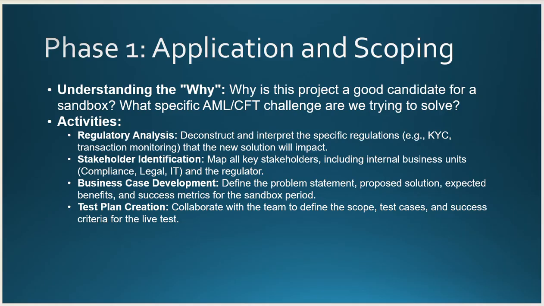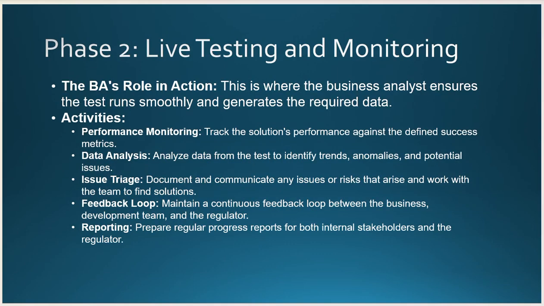To prepare the test case document, collaborate with the team to define the scope, test cases, and user success criteria for the live test. What are the criteria, what functionality will be done by the system, so we can say that the functionality is as the business wants, and that it is able to solve the business problem. So we will do the test case plan creation that way.